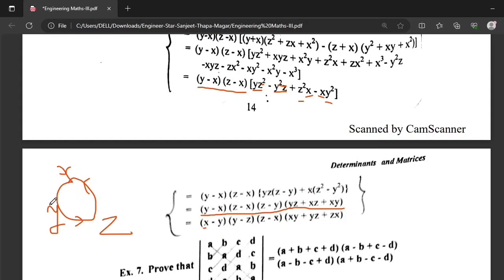First of all x minus y, then y minus z, because here is y, z minus x is the opposite direction, so y minus z, and we convert y minus x into x minus y, so negative sign will be here, and we convert z minus y into y minus z, so minus minus will be plus, and z minus x is as it is, and x will become first: xy, yz and zx.